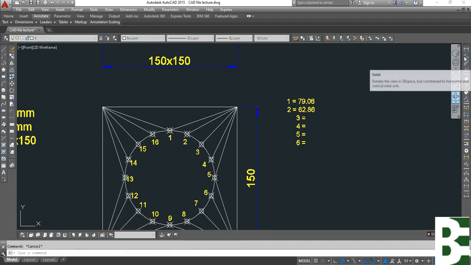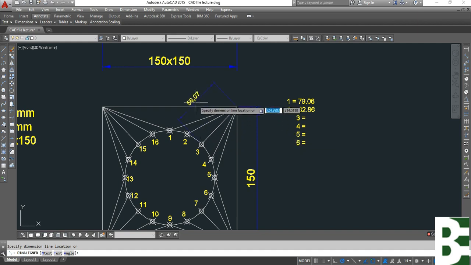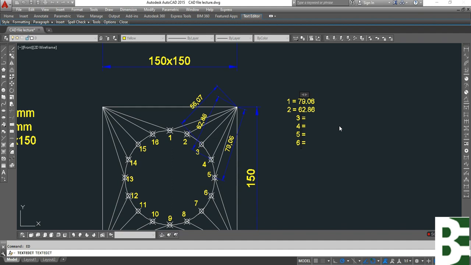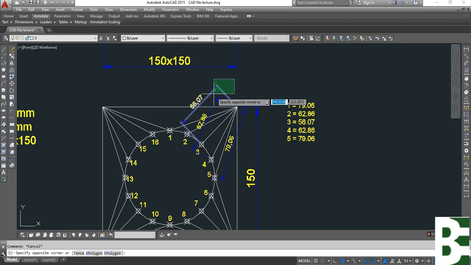You can see 1 and 5 are matching with each other, 1, 5, 9 and 13. Similarly these 2, 6, 10 and 14, and in here also number 2 and number 4 will be the same, and number 1 and number 5 will be the same dimension. Only the number 3, because it's at the center, is alone.